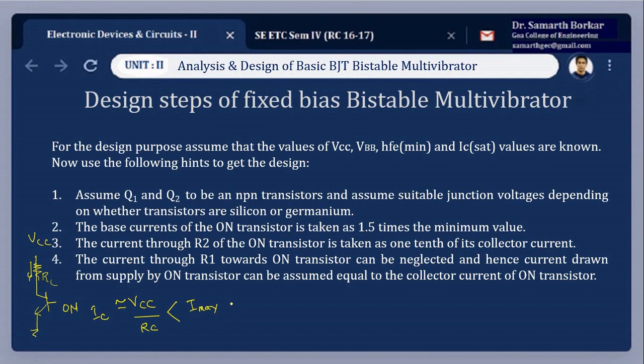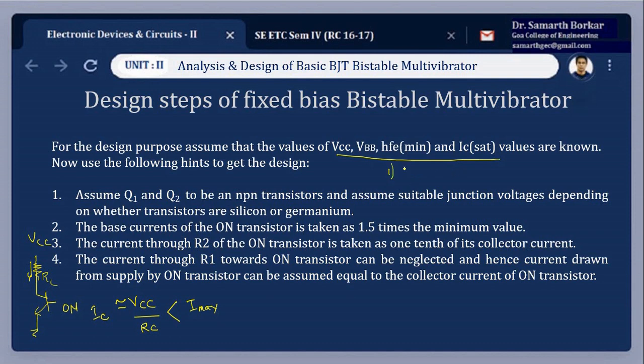For the design purpose, assume that the values of VCC, VBB, hFE minimum and IC set are known. Now use the following hints to get the design. First point, assume Q1 and Q2 to be NPN transistors and assume suitable junction voltages depending on whether the transistors are silicon or germanium. Now there are two cases involved. First case is we can ignore the junction voltages.